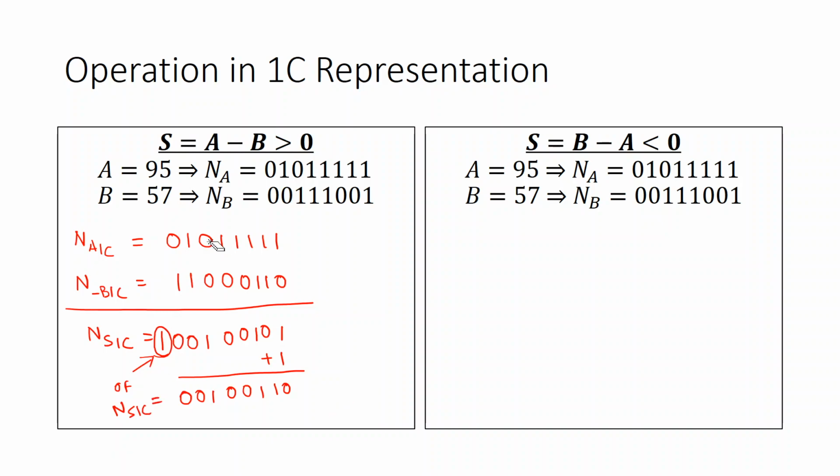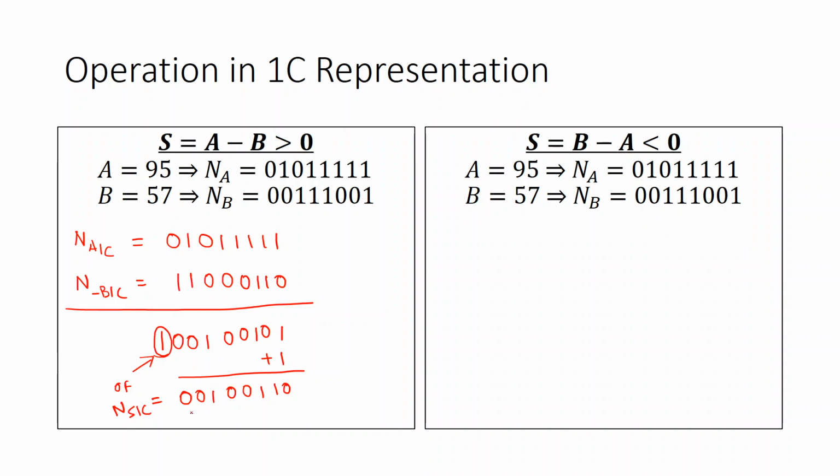So you do the addition and then you see what your result in 1c is. After doing the addition, if there is no overflow, then that is your result. If there is an overflow, you add it back and that gives you the 1's complement representation of the result.